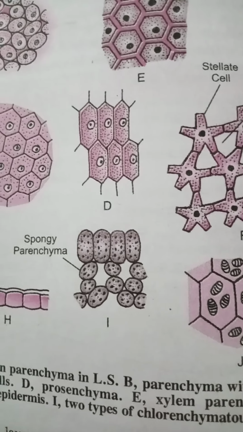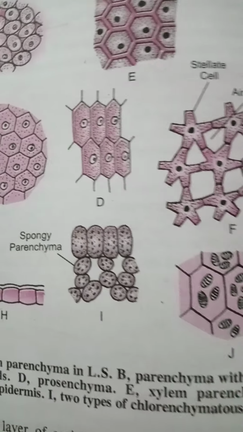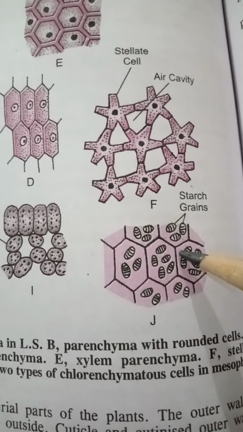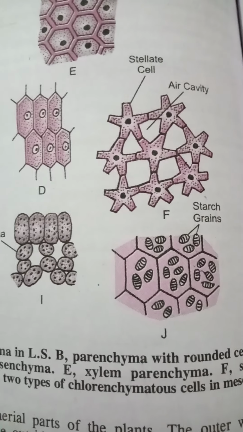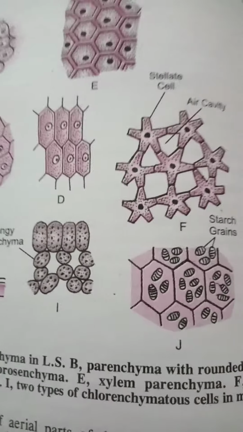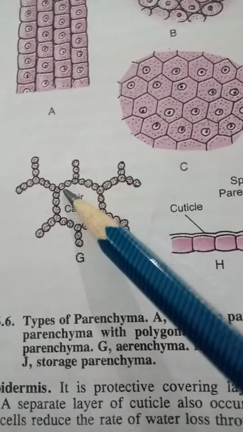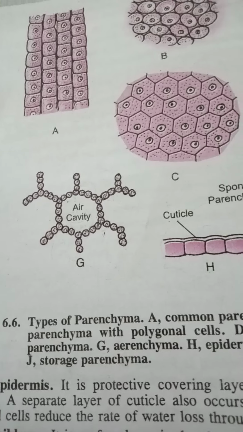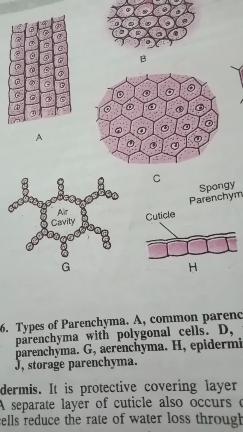Then prosenchyma, it provides stiffness and mechanical strength. They perform photosynthesis due to presence of chlorophyll. They help in storage function, okay, of different substances. Plus they have some metabolic gases due to which they provide buoyancy to the aquatic plants. So these are the main important functions of the parenchyma cells.